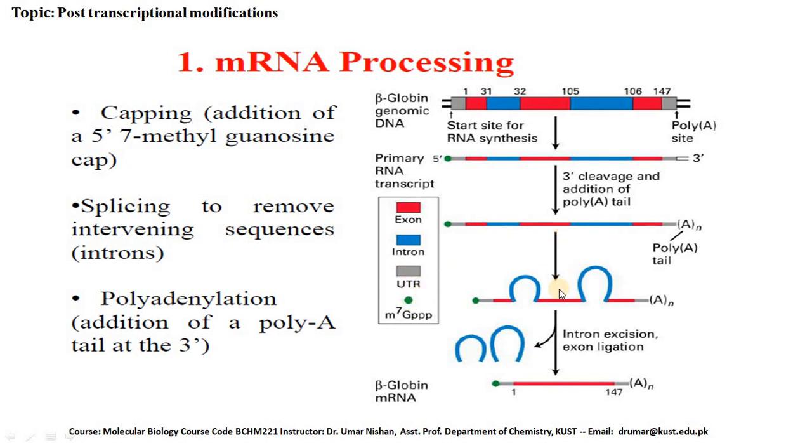In the next step, you can see the blue introns are removed, they are excised, and exons are ligated with each other. So at the end of the process, we get the exons ligated together. This becomes a mature RNA or mRNA.